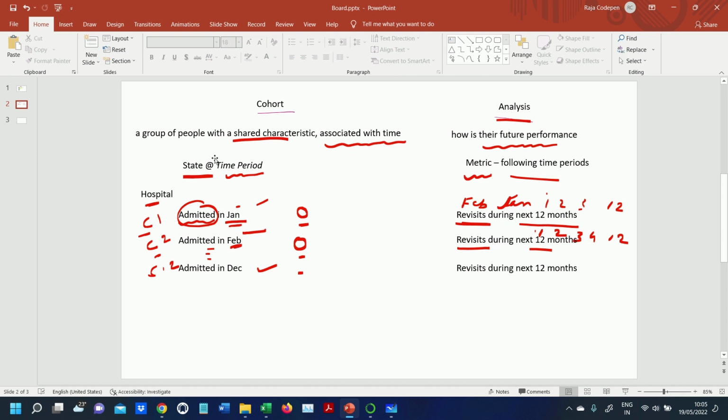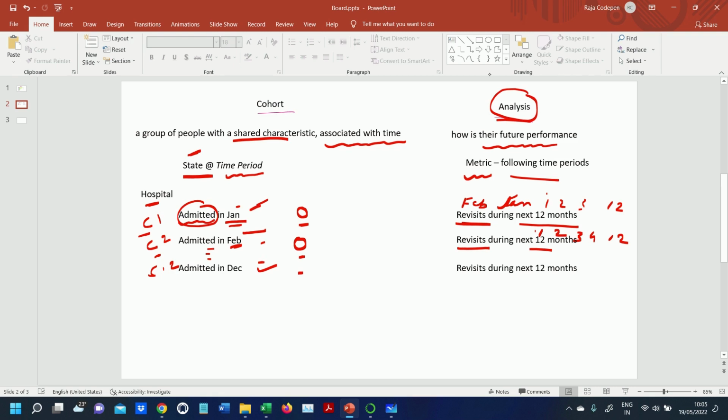So what we need to understand here is that in a particular analysis, the state would be common for all cohorts, and all cohorts here in our analysis are divided by time period.